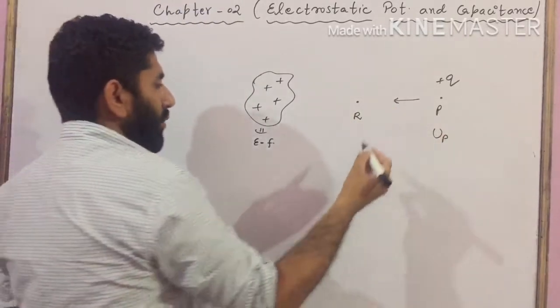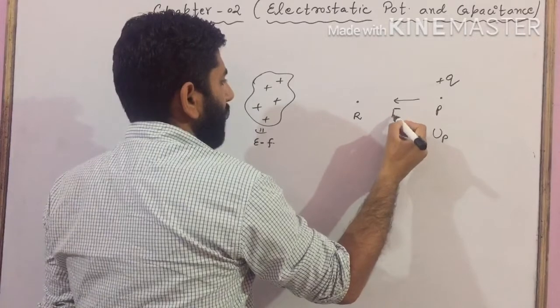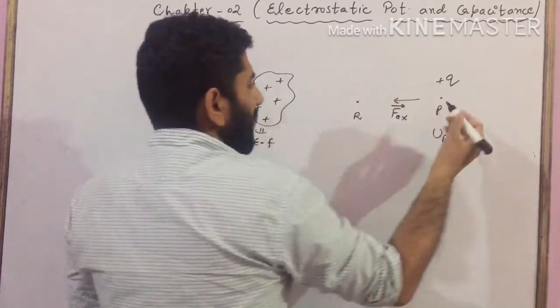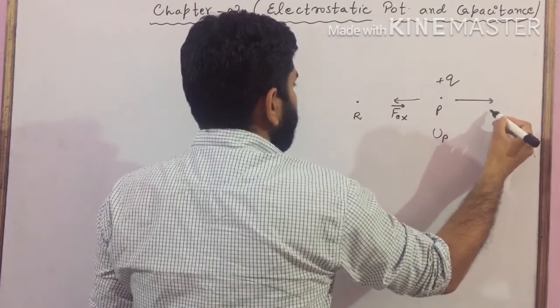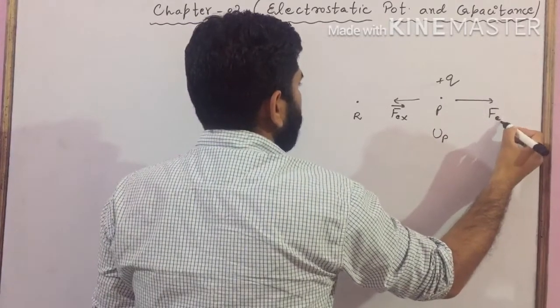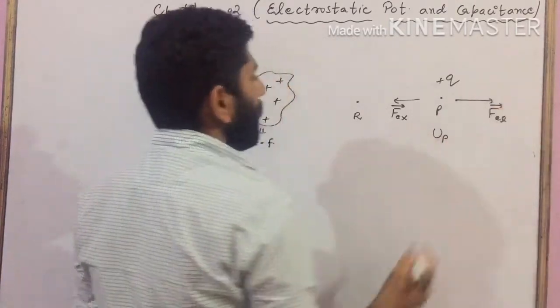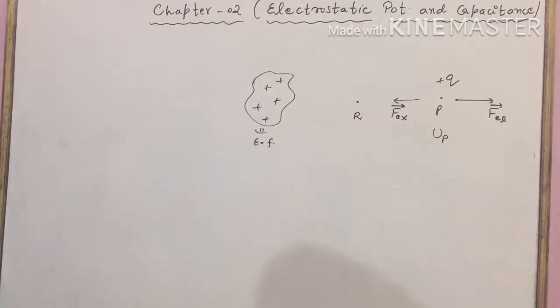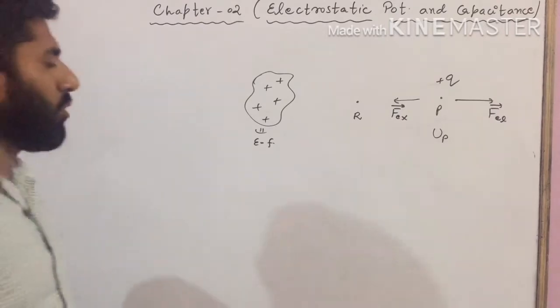Okay, so how to do that? For this I have to apply some external force on this charge, and originally the electrostatic force is acting on this in the opposite direction of the external force.